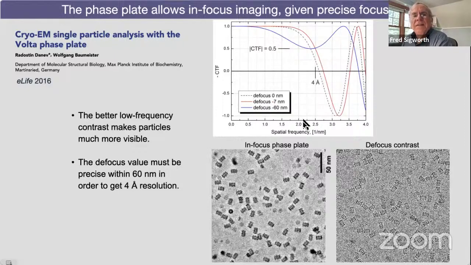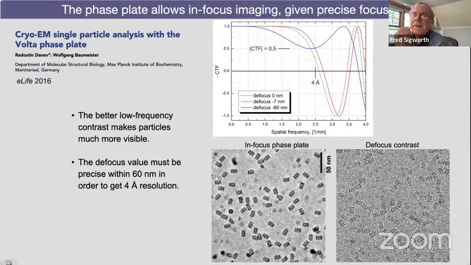But the point of this graph, and this is work by Radostin Danev, is that your microscope has to be really, really carefully focused in order to make this work, because if you're off by 60 nanometers in the amount of focus, that's about as far off as you can get and still be able to get something like 4 angstrom resolution.